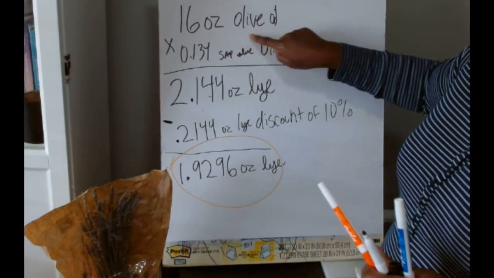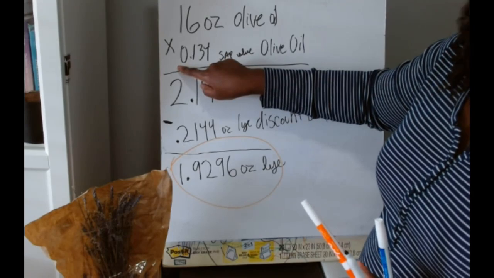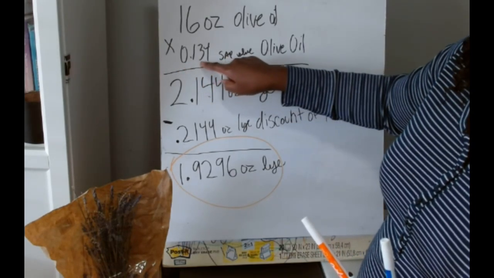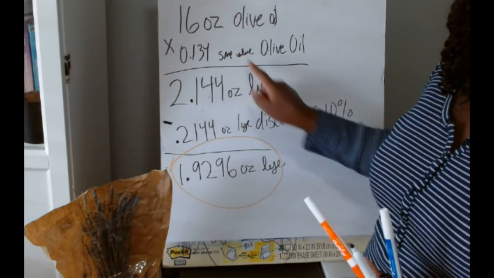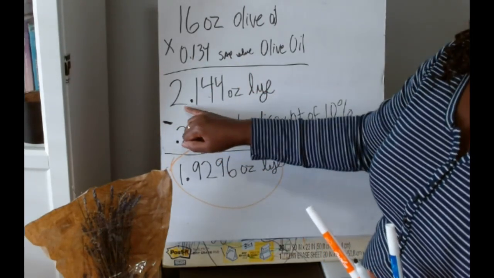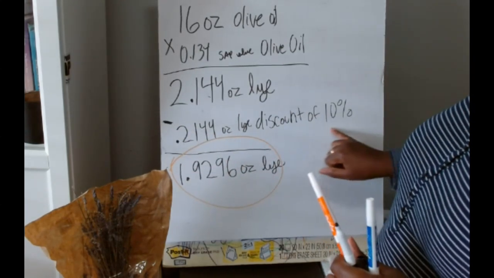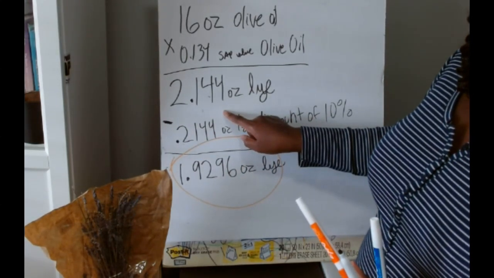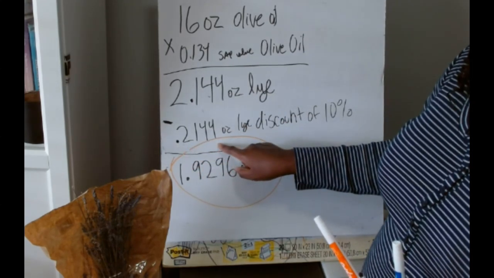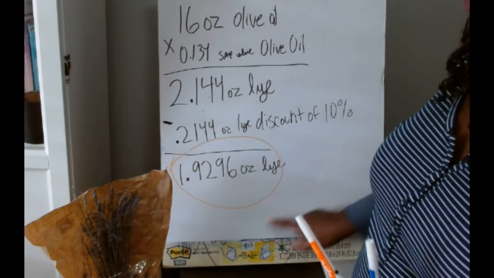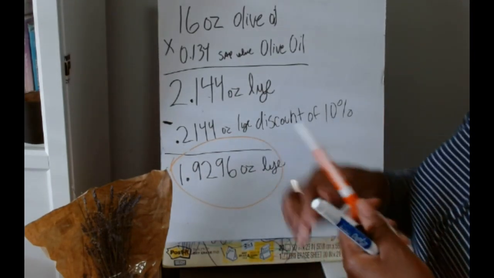All right, so to recap, we have 16 ounces of olive oil. We're going to multiply it by its SAP value of 0.134. And that's how we get our initial perfect amount of lye, which is 2.144 ounces. We subtract 10% of 2.144 ounces, which is 0.2144 ounces of lye, and we get our final number, which is 1.9296 ounces of lye.